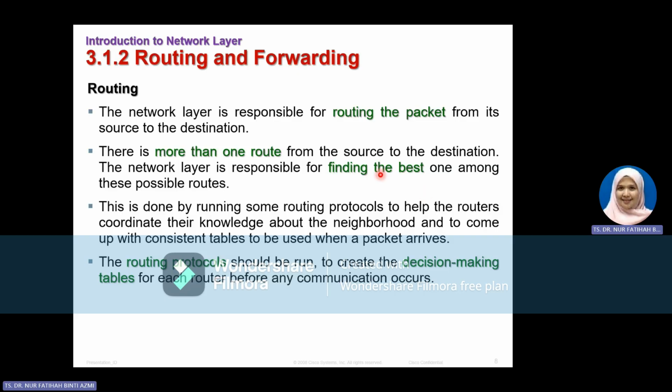This protocol will generate the routing tables, which help the routers know where to send the packet even before the communication begins. So what you need to know about routing is that it prepares the road before the vehicle, or the data, starts the journey.